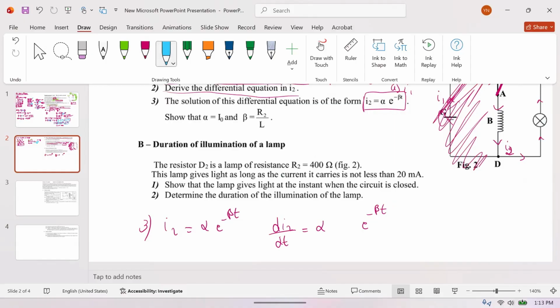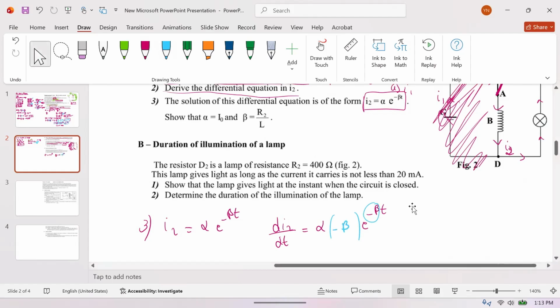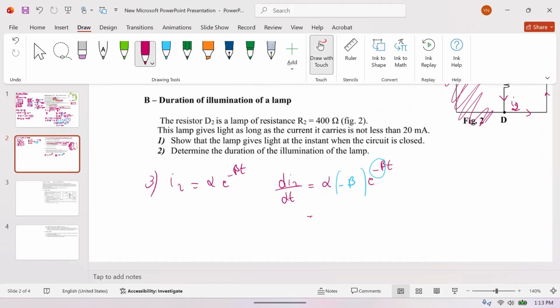We keep them as they are, and we multiply in the middle by what's next to t, which is minus beta. And then we multiply the whole things by each other. We will get, of course, the negative sign should be at the beginning because everything is multiplied. Minus alpha beta e to the minus beta t. And this is the derivative.